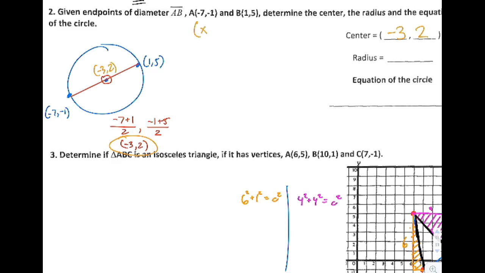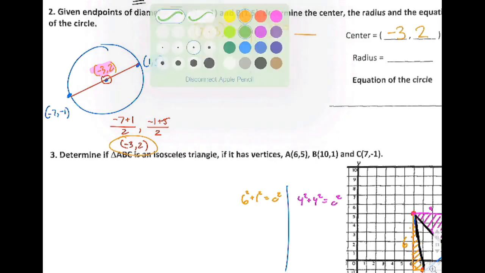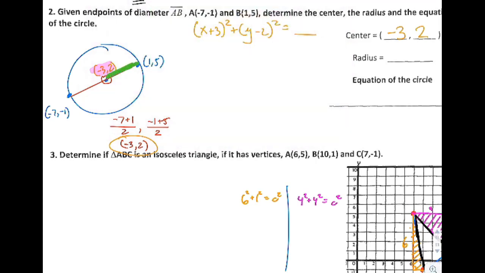So now we can start writing the equation. The opposite of the x coordinate, the opposite of the y coordinate, and we're just missing that radius. So we can actually take this and either this or this, your choice. I'm going to pick this one because the radius goes in both directions. So I'm going to figure out this distance right here by using -3, 2 and 1, 5. These 2 points here.